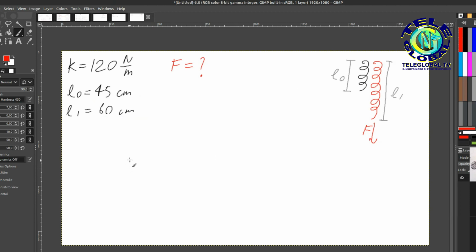So meters for length. If you have centimeters, you convert to meters. If you have kilometers, you also convert to meters. Then for masses, it's kilograms.